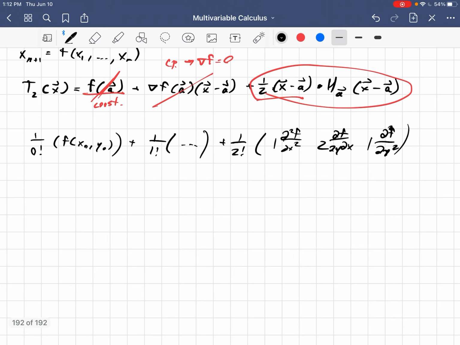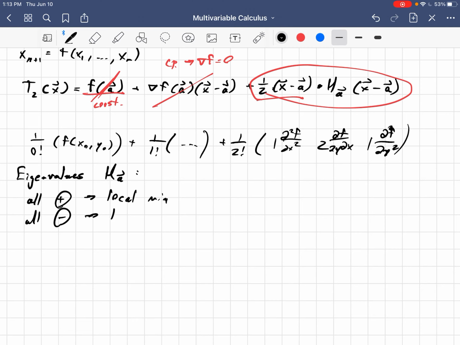So, and it actually turns out to be just incredibly simple, because if I take the eigenvalues of the Hessian evaluated at the vector A, and if they're all positive, we can think of this as positive concavity, a local minimum. If they're all negative, then we can think of this as a local maximum.